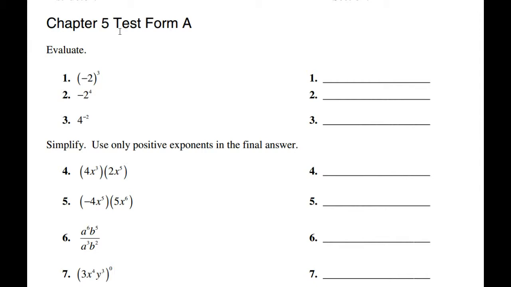It's a shorter test, and if you do well on the one I posted, you're going to do super well. So let's take a look at this and see what we can do as sort of a preparation for your test on Chapter 5.